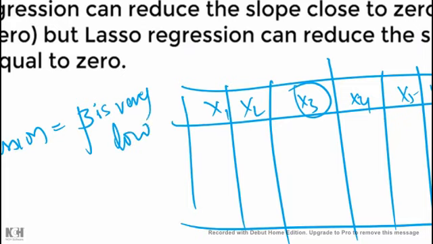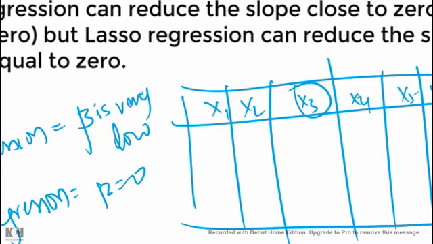In lasso regression, if it is an unimportant variable, the beta value is directly zero. It simply says zero, as it is not useful. If the output beta value is zero, that is an unimportant variable, and we can simply delete that one.